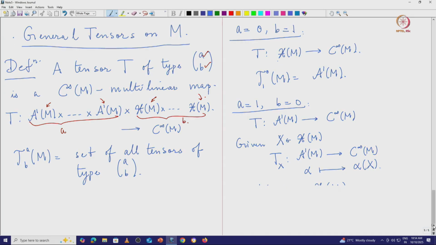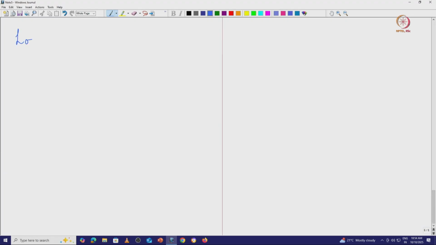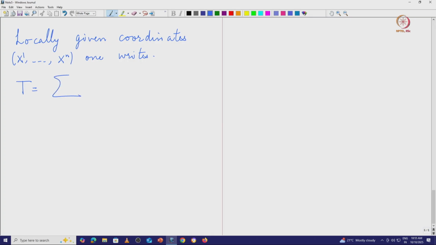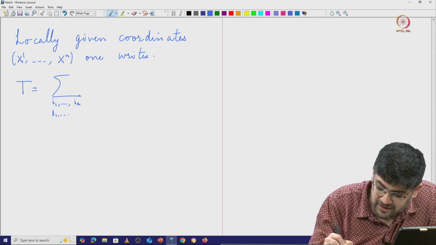Locally, one can write this tensor as the summation over I1 up to IA, J1 up to JB.